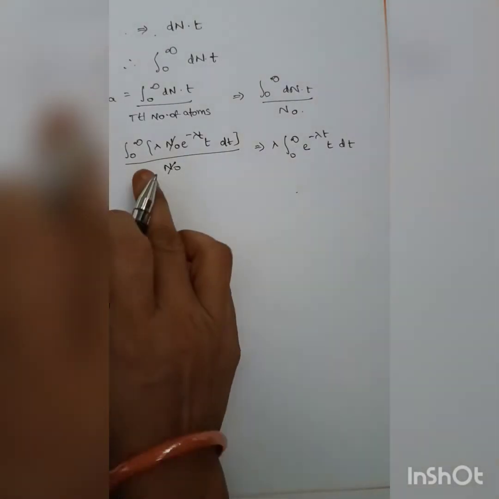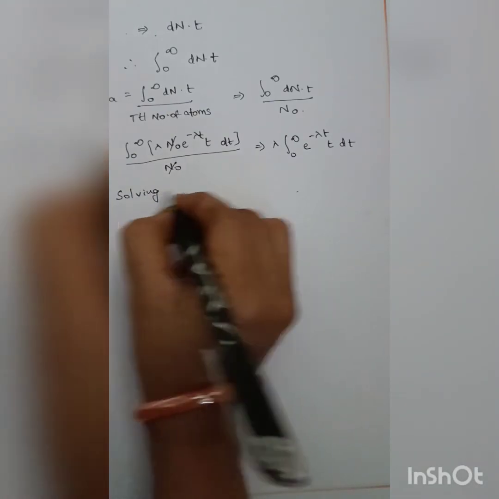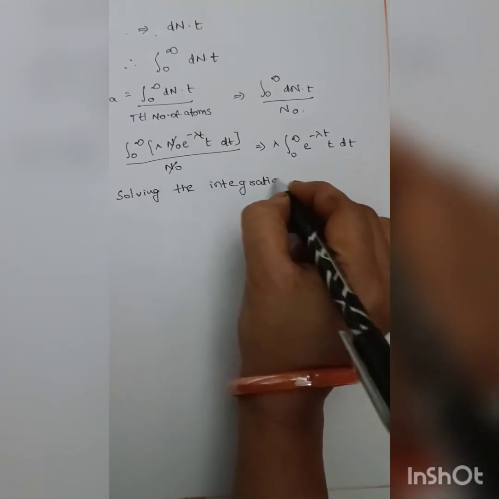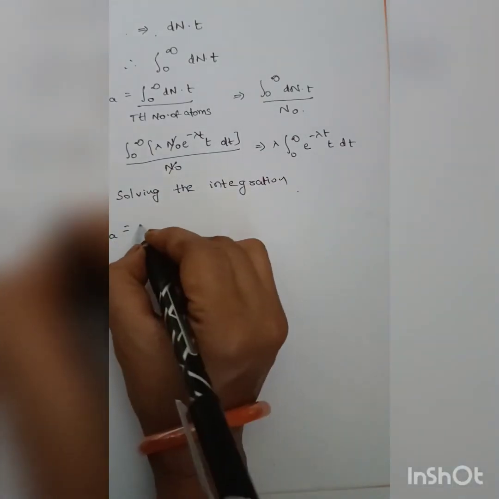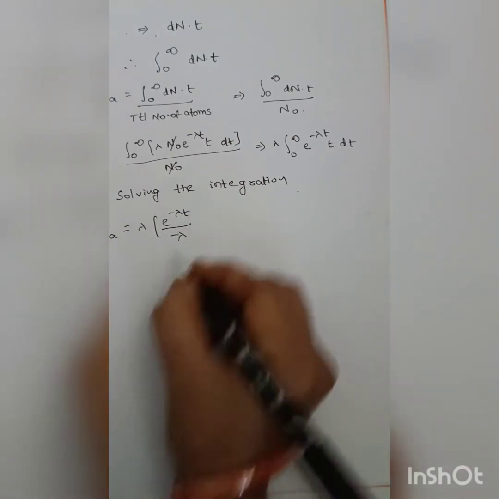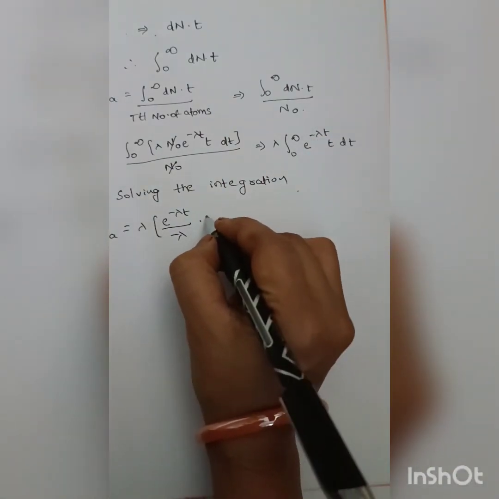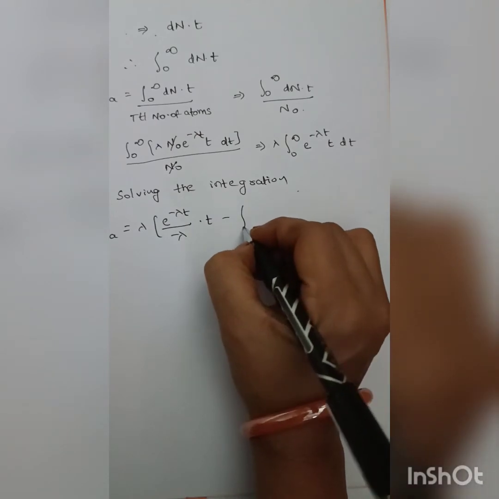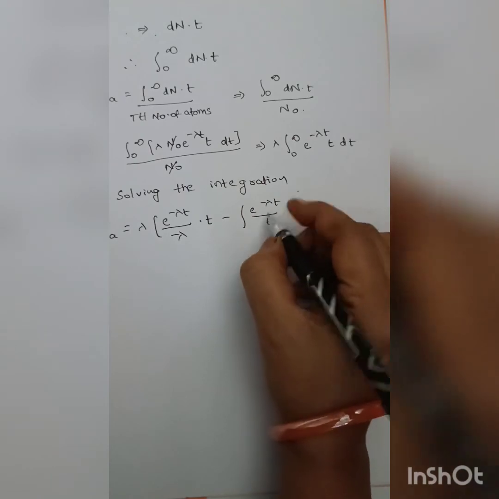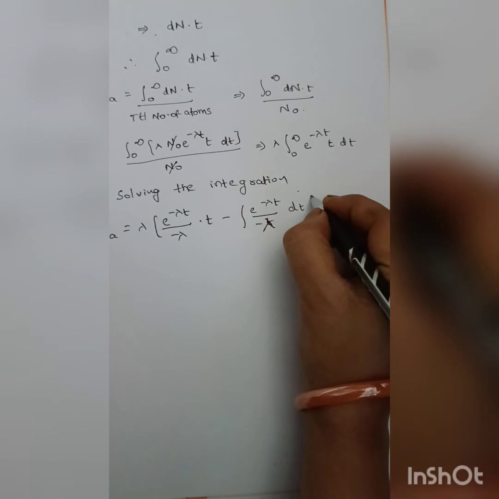Okay, then solving the integration part, right? By solving the integration part, what we get is Ta is equal to lambda into e power minus lambda t by minus lambda into t, minus, again we have to go with integration, e power minus lambda t by minus lambda into dt.